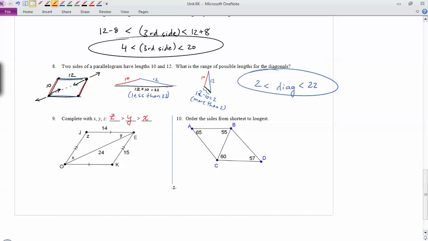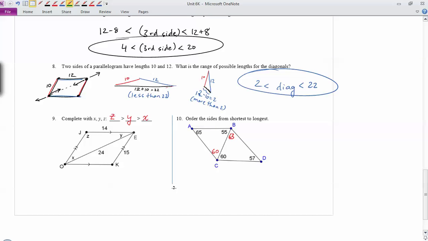And then in number 10, it says order the sides from shortest to longest. Well, first we need to find the missing angles. 65 plus 55 is 120, which means I'm left with 60 degrees in this triangle. If you did the same down here, that's 3 less than 60, so I need 3 more than 60 left over for the one remaining angle. So this one's 63.